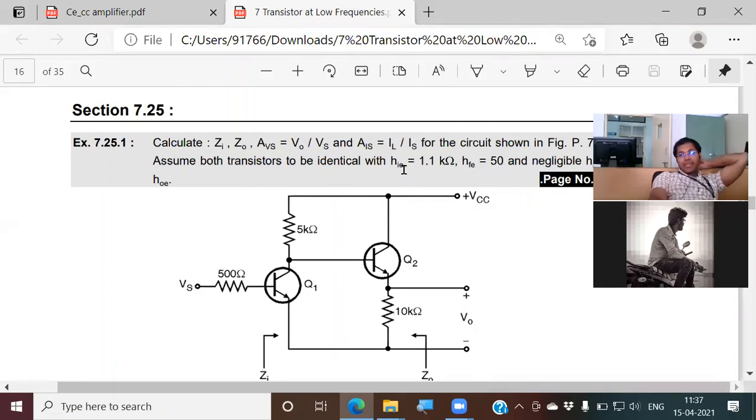Again, I am repeating, HIE 1.1 kilo ohm, HFE 50, RS 500 ohm. This is the first transistor, so collector of first transistor, RC1 5 kilo ohm. Second transistor, so emitter, RE2 10 kilo ohm. Any difficulty? Please tell fast. Answer fast, please.